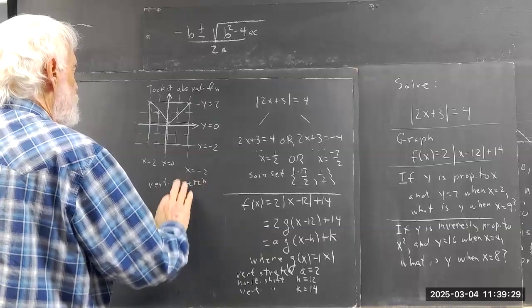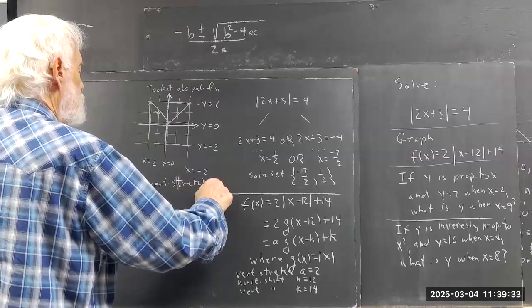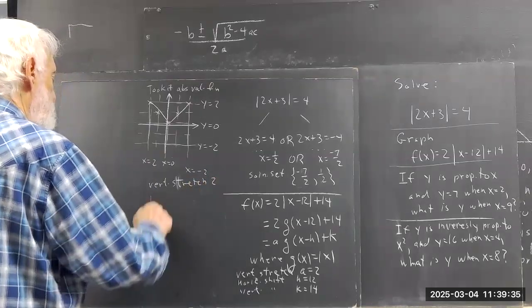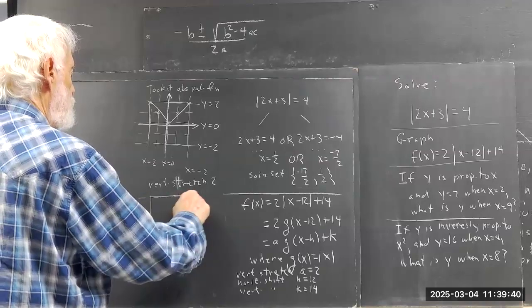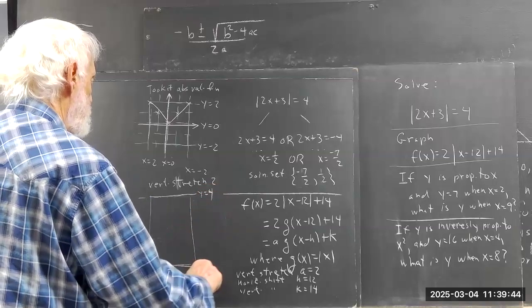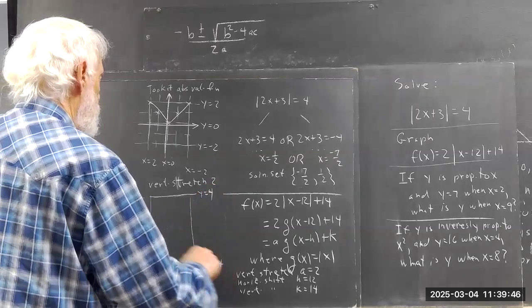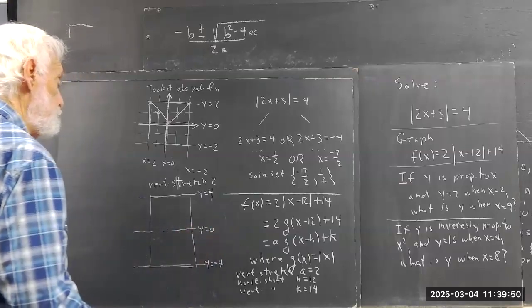Vertical stretch, 2, means we're going to go from y equals 4 to y equals -4, with y equals 0 in the middle.